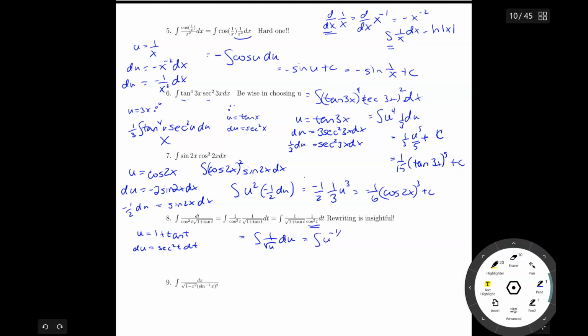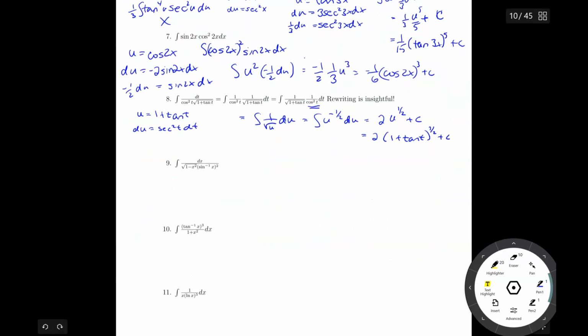Rewriting this before I take the antiderivative, it is u to the negative 1/2. So I add 1 to the exponent, divide it by 1/2 or multiply by 2 plus c, then put the t's back in, plus c. All right, so same thing with this one. Well, let me stop and finish off these on the next video.